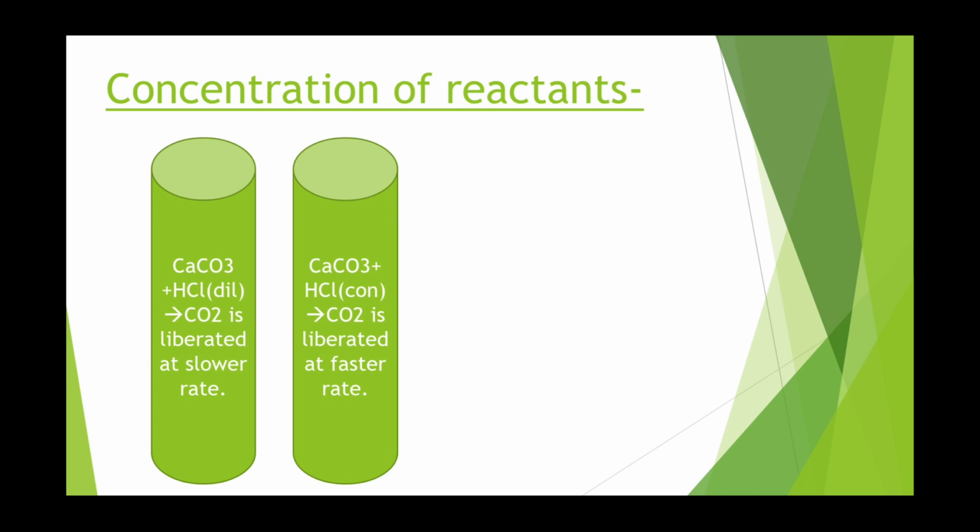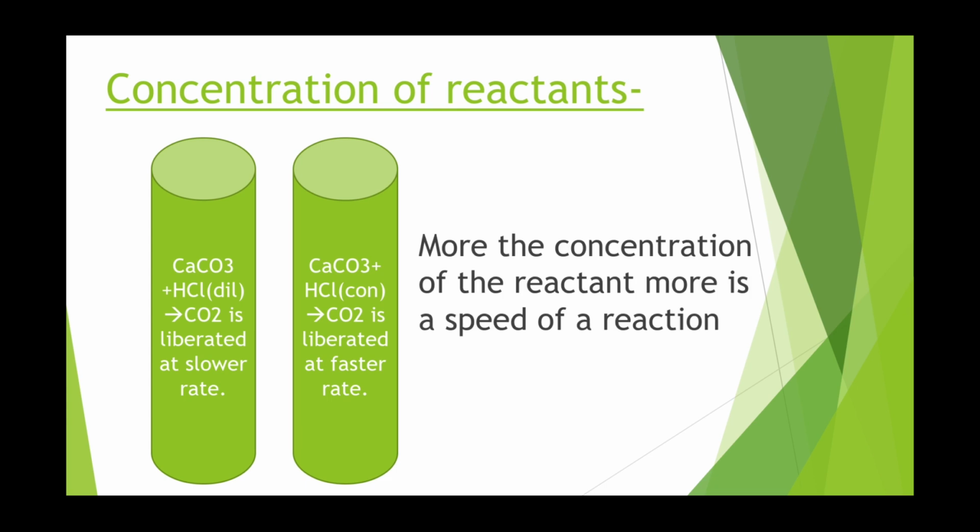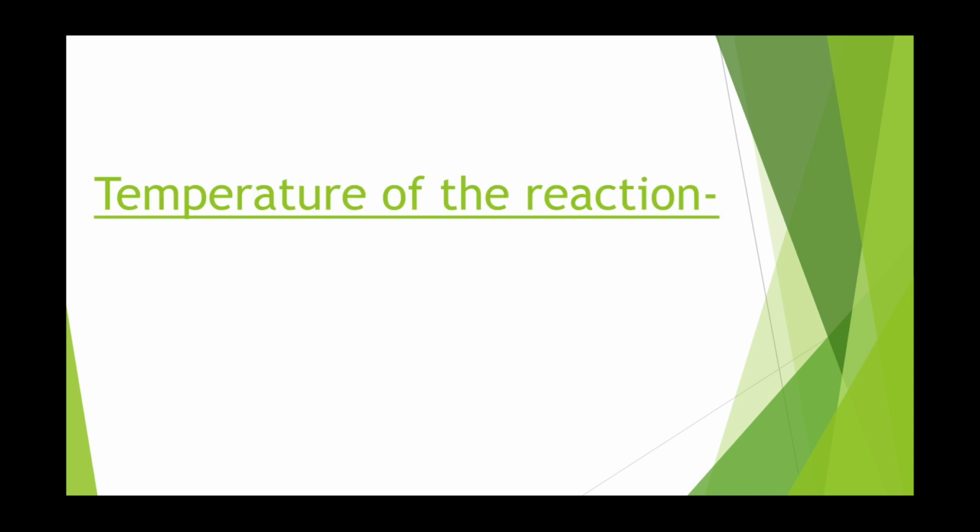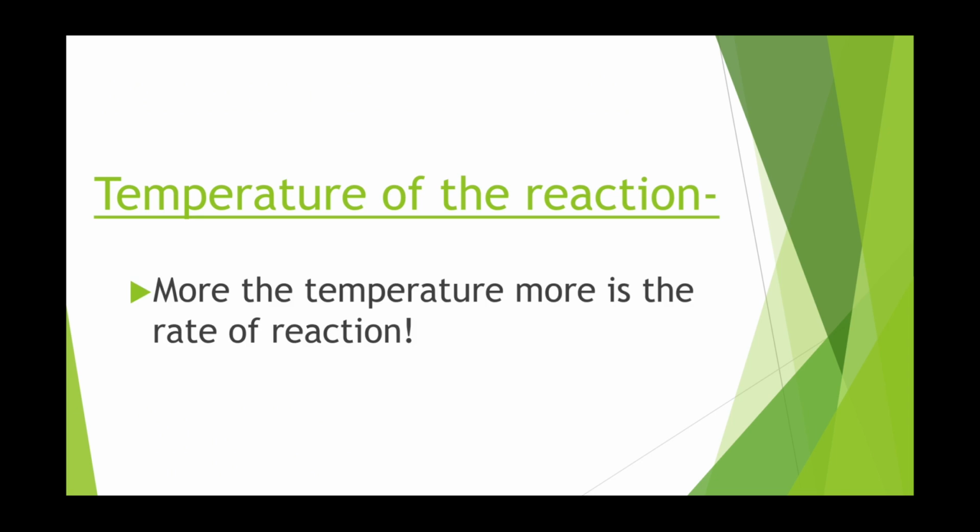Here we can say that the rate of reaction is proportional to the concentration of reactants. That is, the more the concentration, the more the rate of reaction. Now, the next factor is the temperature of the reaction. Obviously, the more the temperature, the more the rate of reaction.